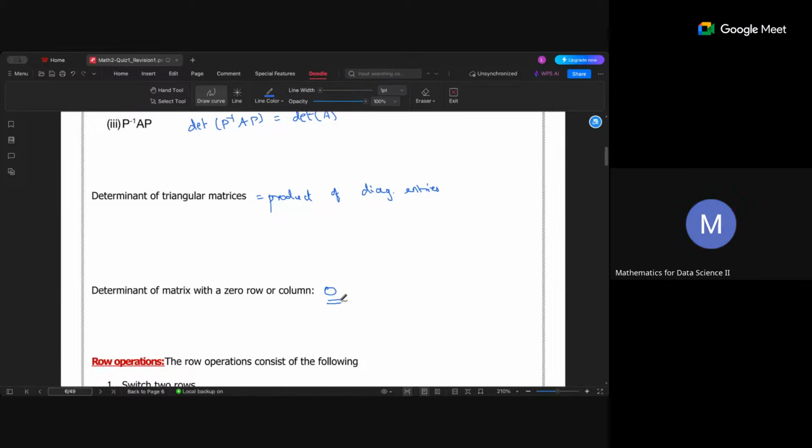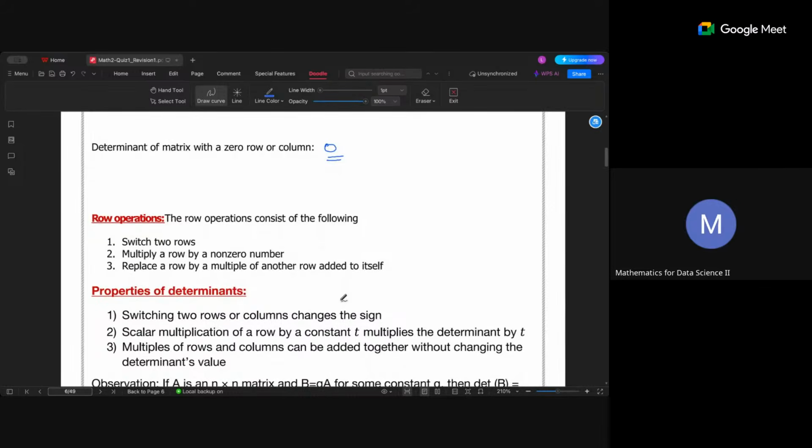Right? Okay. Good. Moving to row operations. So we say that if we switch two rows, or if we multiply one row by a non-zero number, remember we are multiplying by a non-zero number. Multiplying by zero is not allowed in a row operation. And then replacing a row by a multiple of another row added to itself.